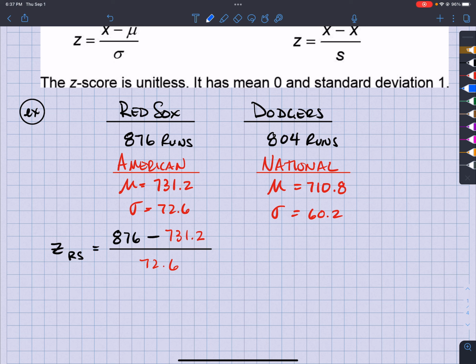And if I was to find the Z-score for the Dodgers, that's going to equal the number of runs that they had minus their mean for the National League, which is 710.8, divided by 60.2.